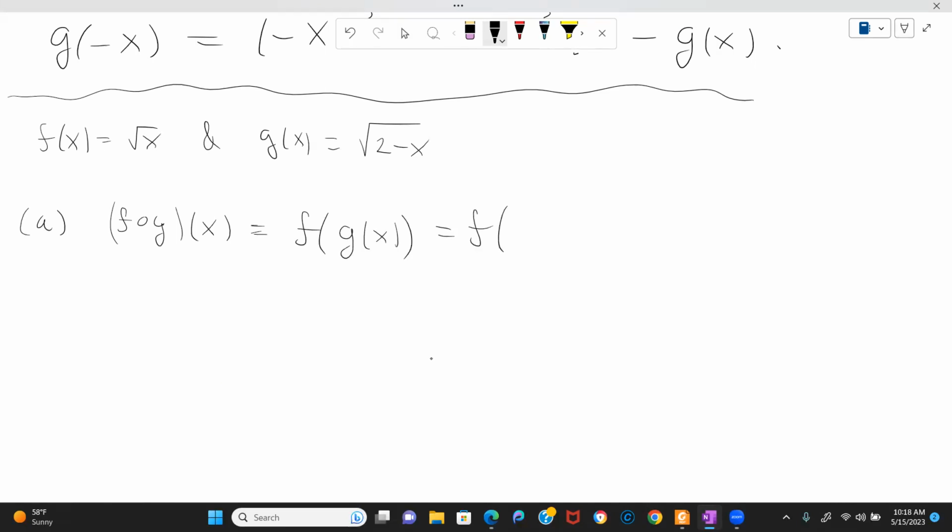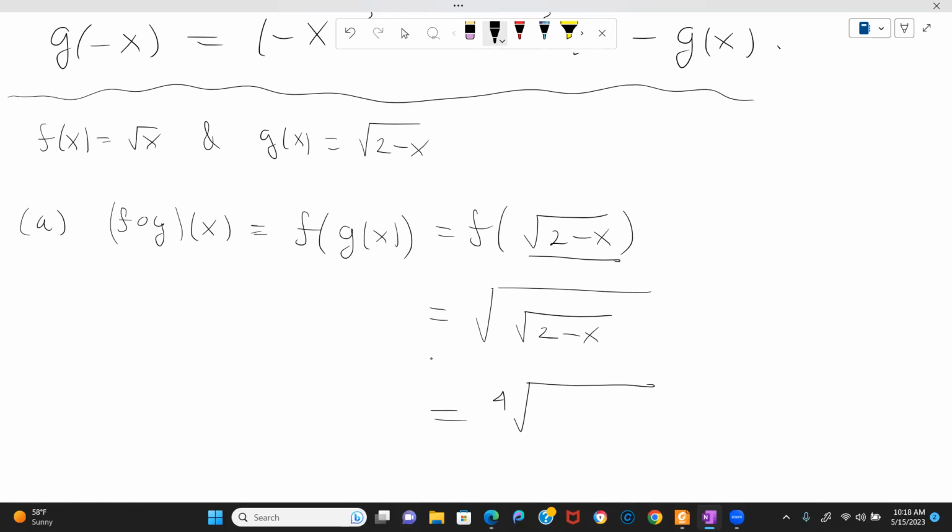Now g of x is the square root of 2 minus x, so we go to the formula for f of x and replace x by the square root of 2 minus x. So we get the square root of the square root of 2 minus x, and when you take the square root of the square root, you get the fourth root. So it's the fourth root of 2 minus x.